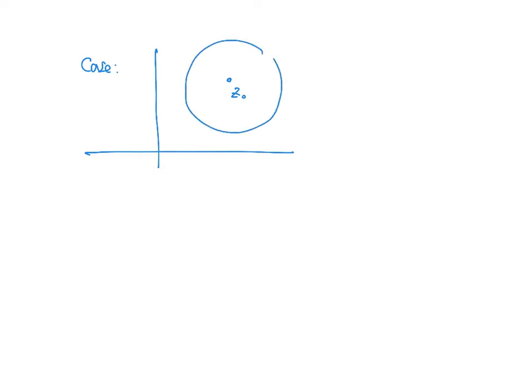So another case. Again, this point z naught with a radius of finite r. So this is your theta. This is your z. And we would like to consider this particular integral.